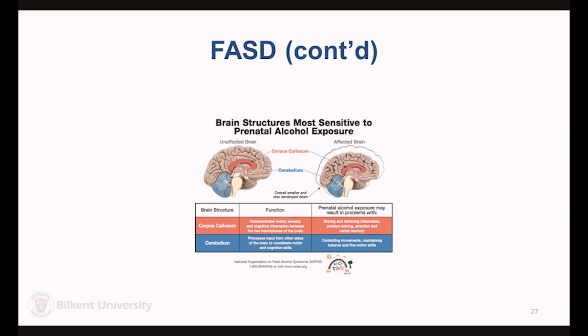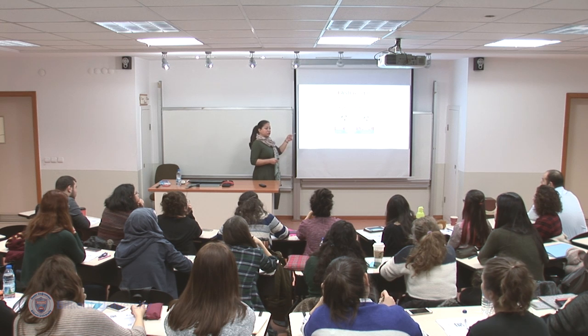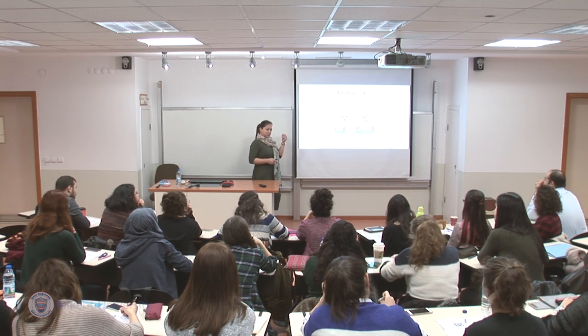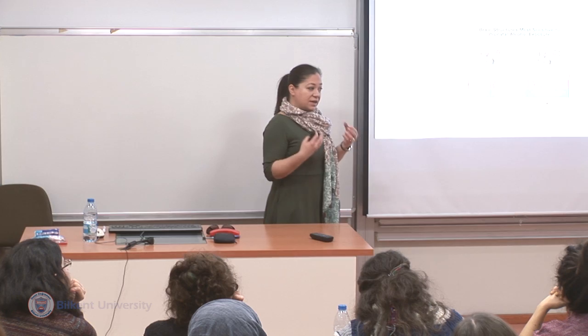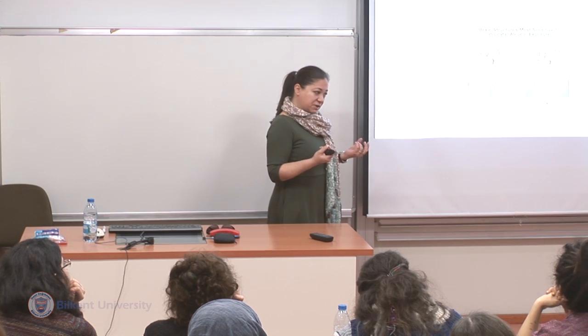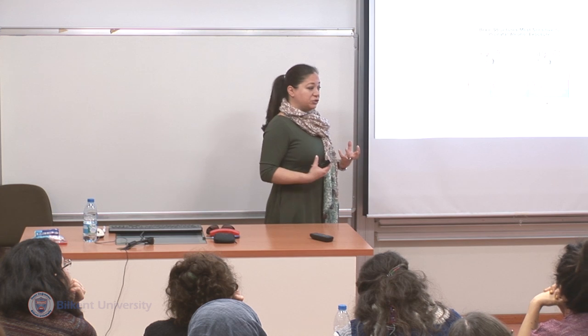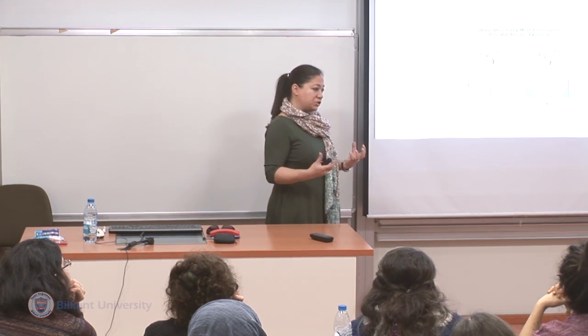And alcohol exposure in the womb has been linked to differences in brain structure. So the development of the brain is affected, both in size and also in structures like the corpus callosum, which has an active role in relaying messages between the two hemispheres and is central to healthy cognitive functioning.